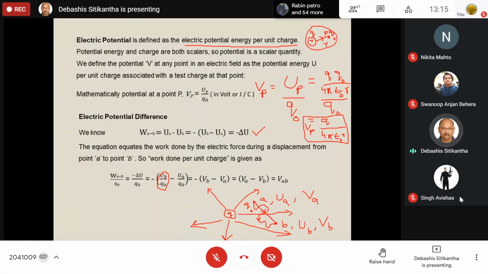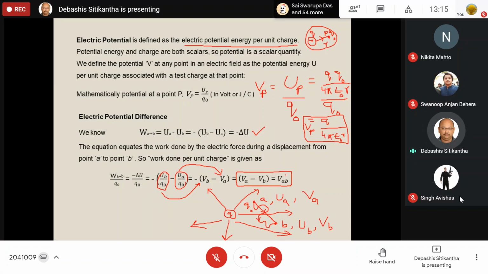This term is nothing but VB, the potential at the point B. Similarly, this term is nothing but the potential at the point A. So if we put these over here, this is going to be minus of VB minus VA. If I take this minus sign inside, it is going to be VA minus VB. And in total, this is nothing but the potential difference VAB.